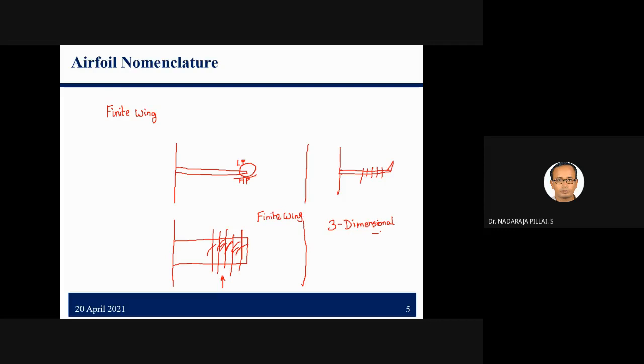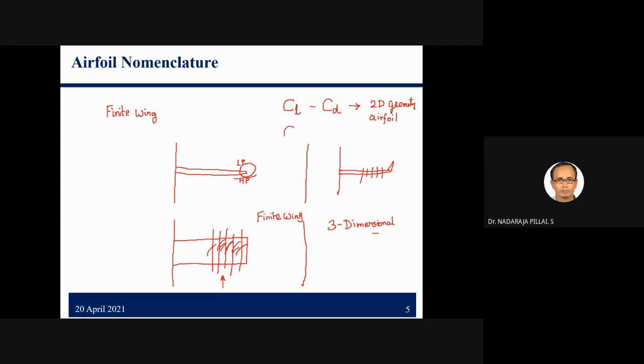So these are some information on the finite wing and the infinite wing. In John D. Anderson, in general in aerodynamics, if I say CL or CD, it corresponds to the 2-dimensional geometry, and this is for an airfoil.